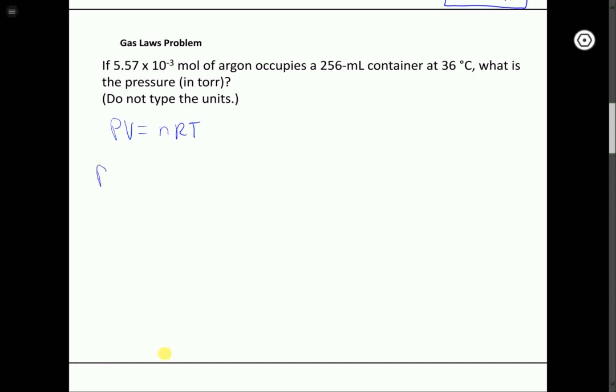So the pressure is going to be nRT over V. But again, we always have to think about units here. So we're looking for pressure in torr, so we might have to do a conversion at the end. Now when we plug the numbers in here, moles we just keep as is, 5.57 times 10 to the minus 3 moles.